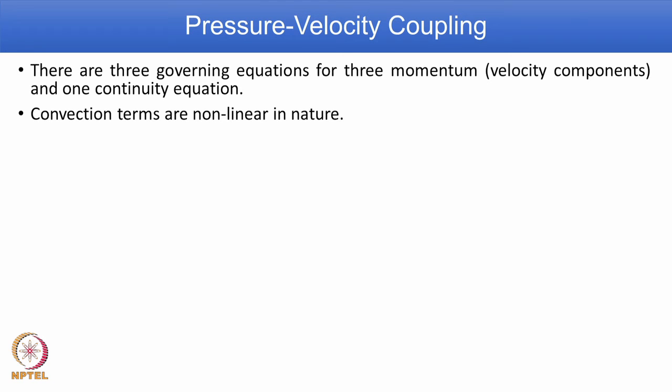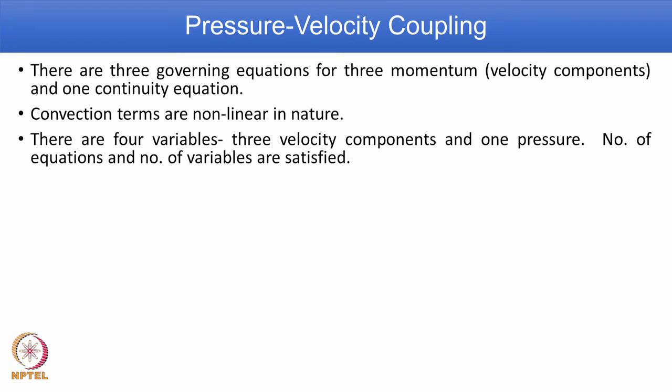In each governing equation for momentum there is a convection term, and we repeated many times before, convection terms are nonlinear in nature. In total there are 4 variables, that is there are 3 velocity components and 1 pressure. So number of equations equal to number of variables is satisfied.